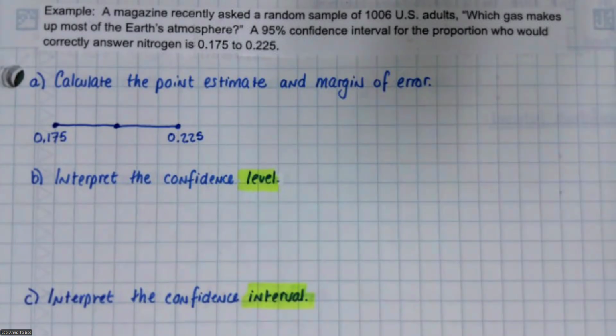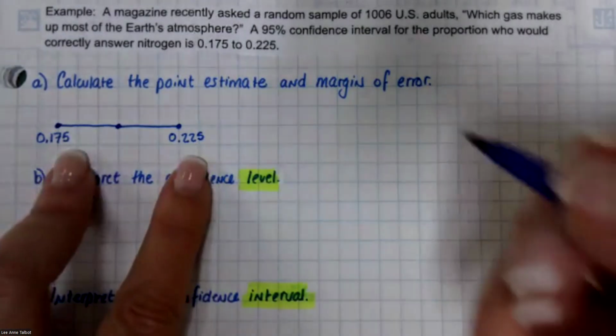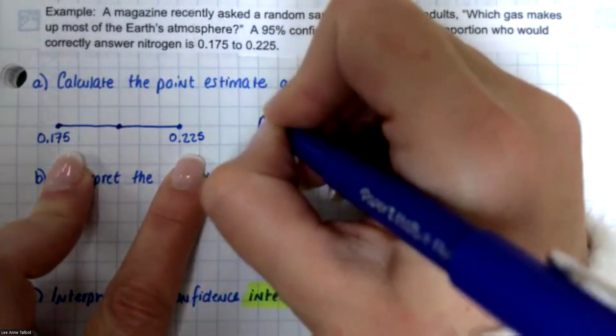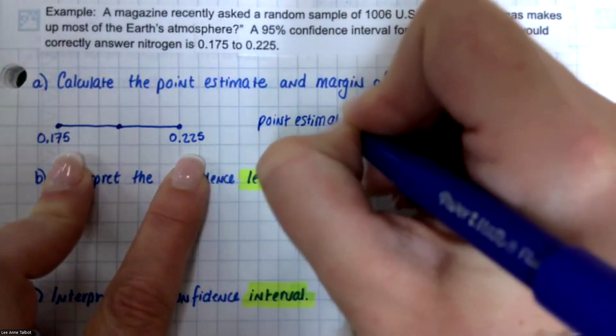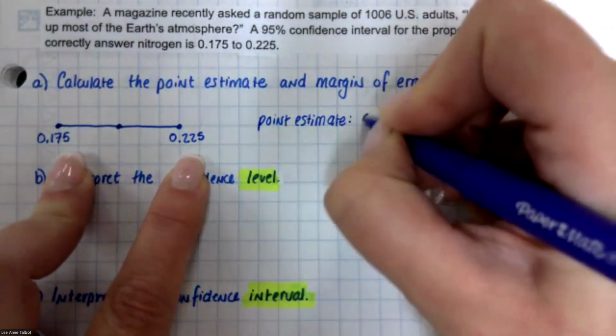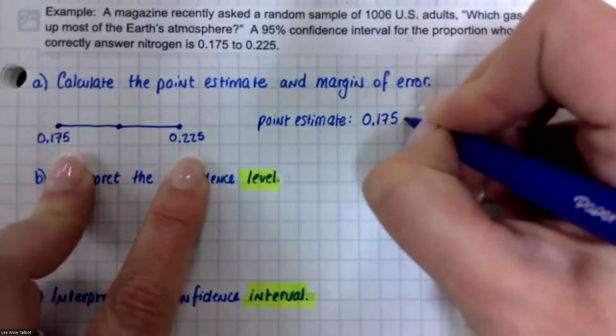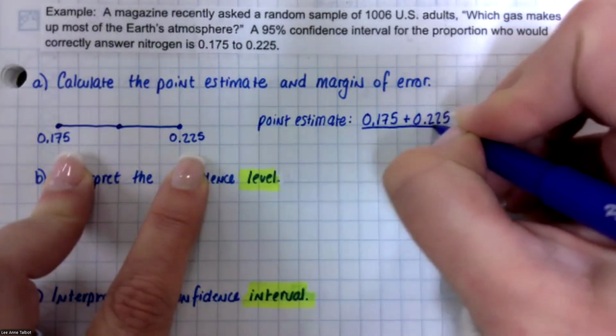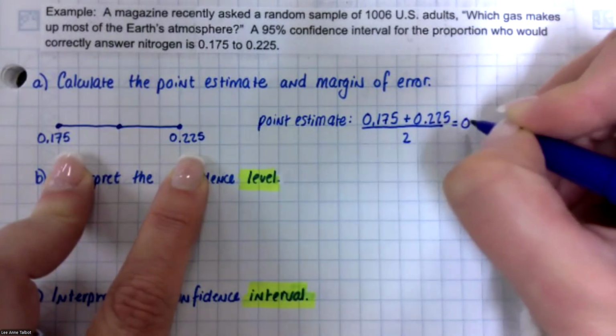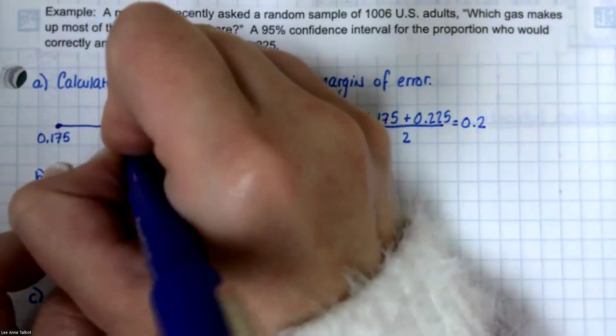Okay, so point estimate is just the average of these two numbers, which you could probably do in your head. Also, we did it a minute ago.